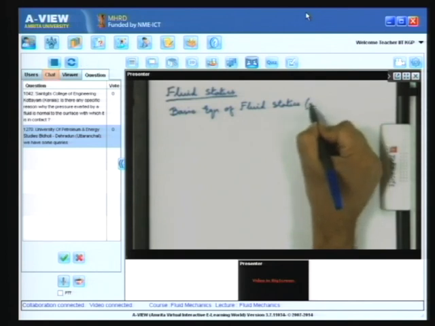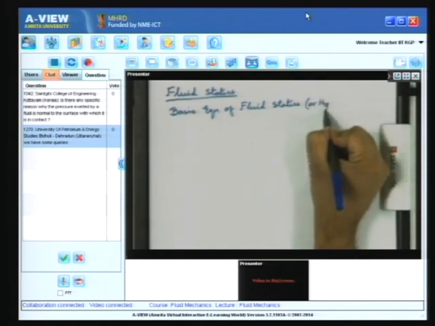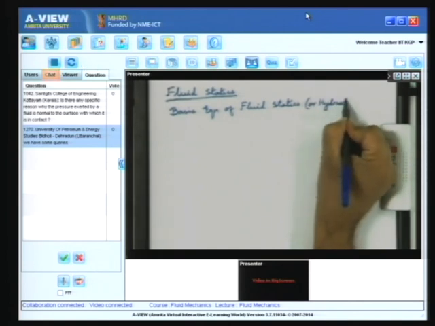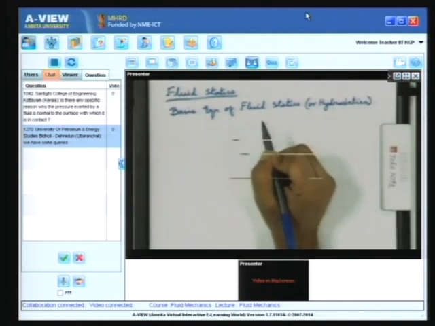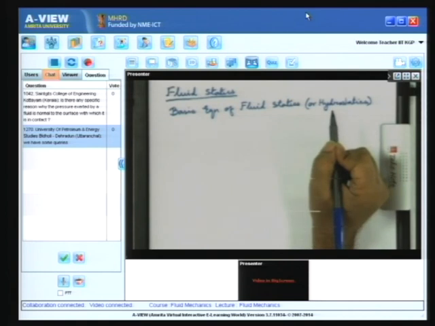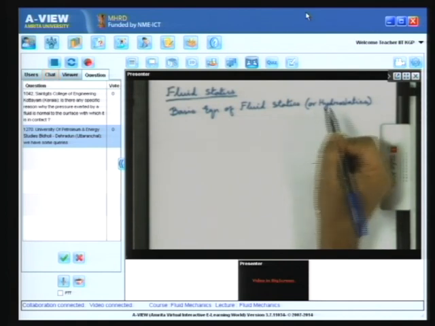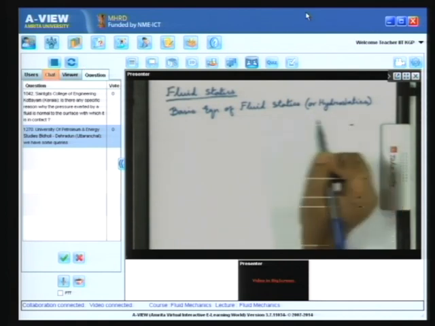Now, some authors use the term hydrostatics instead of fluid statics. Strictly speaking, hydro refers to water, but the term hydrostatics is used even if the fluid is not water.